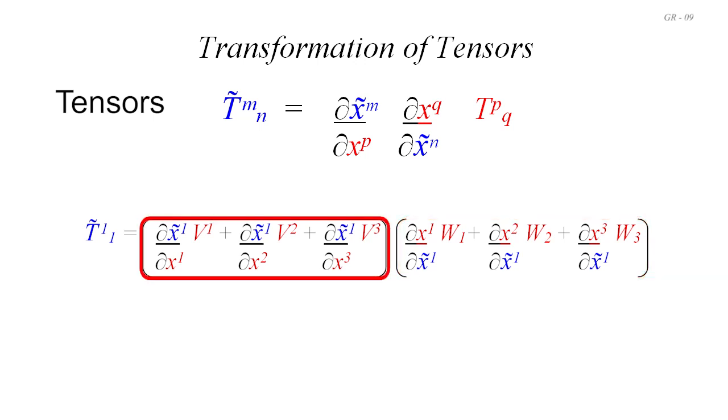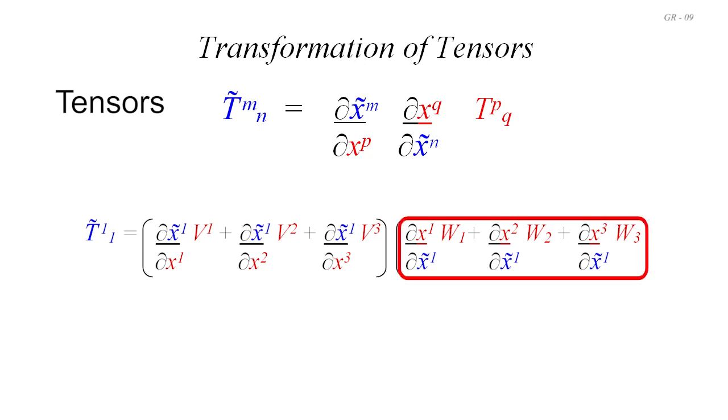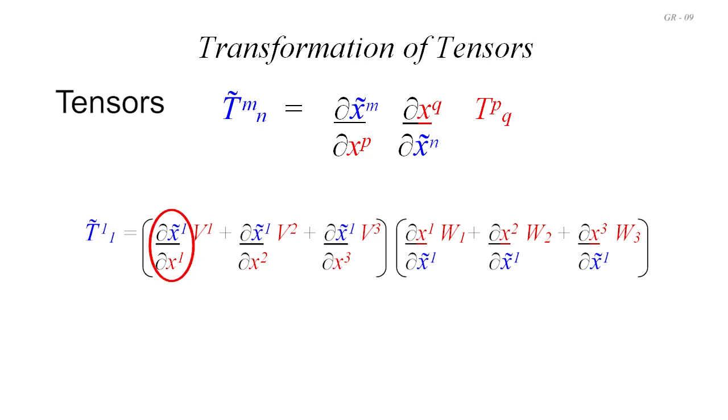This represents the new blue v1 tilde, which contains elements of all the old red components, and this represents the new blue w1 tilde, and again contains elements of the old red components of w. You should notice that this looks like the upside down of this as we expect.